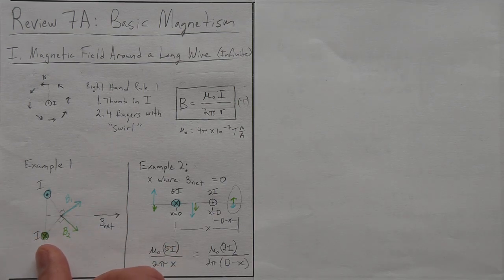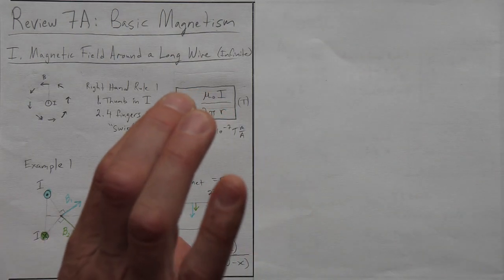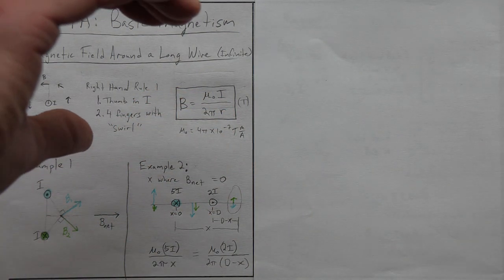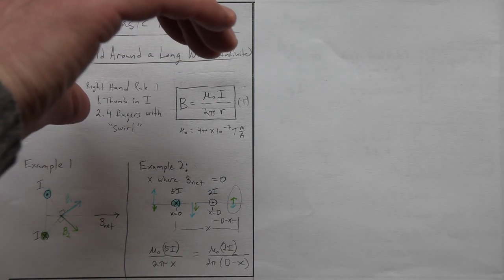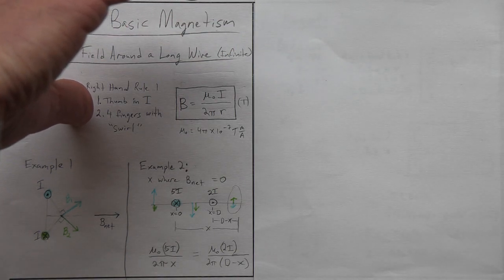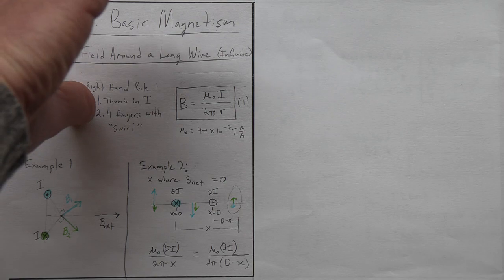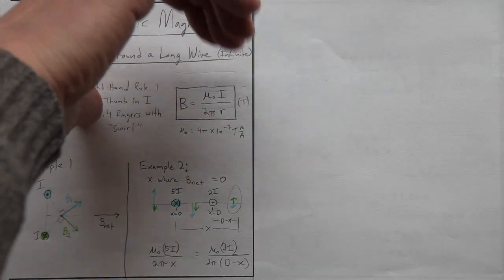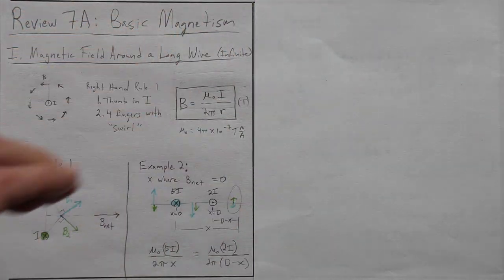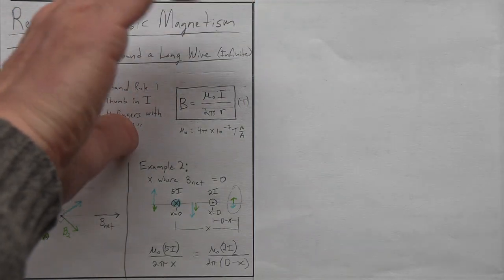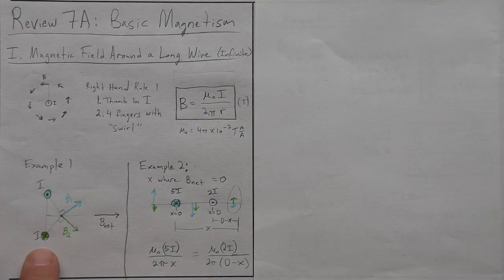So I take my right thumb and put it in the direction of the current, which is going into the page like this. Now my fingers are going this way, so the magnetic field is going to go in the clockwise direction around the current into the page, so clockwise. So those are the two arrows.